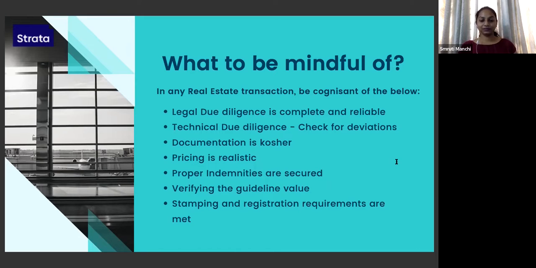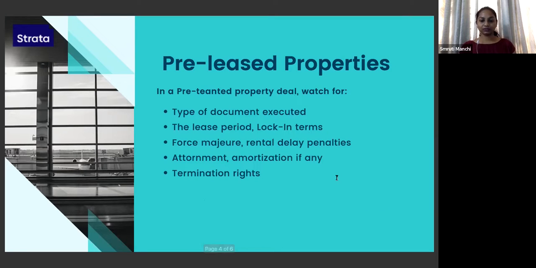Yeah, definitely a good thing to do a pre-research on all of that, so you can provide for all your expenses. Now we can talk about pre-leased properties, and when you are entering into transactions that are pre-leased, you would have a tenant already in place.